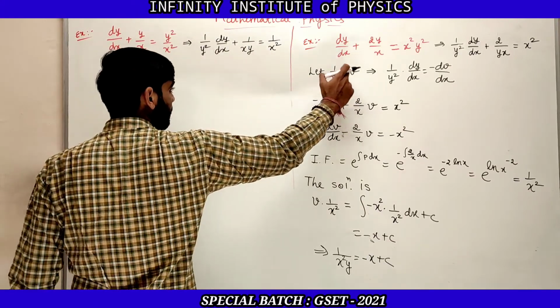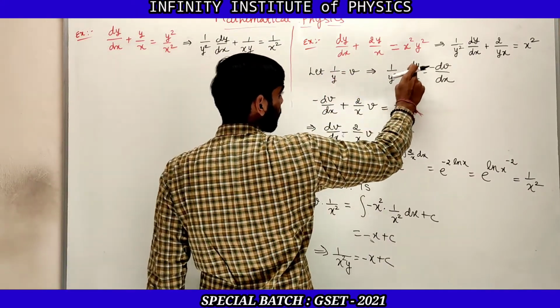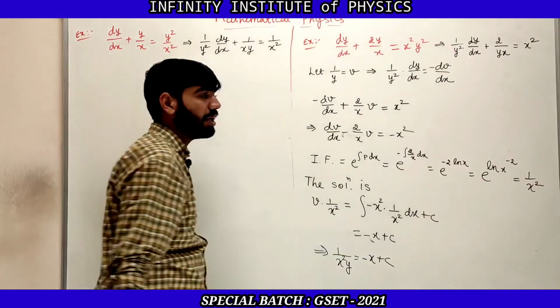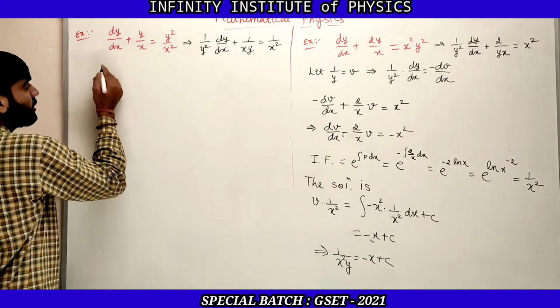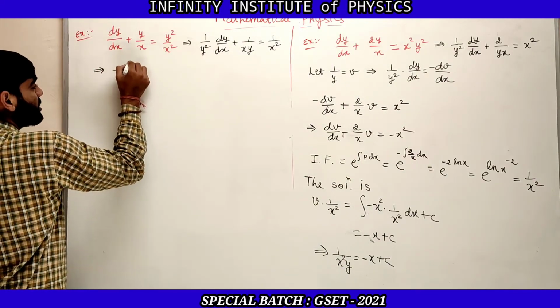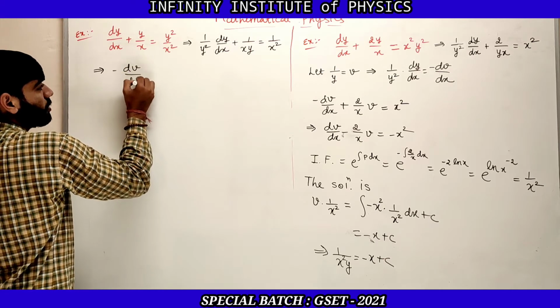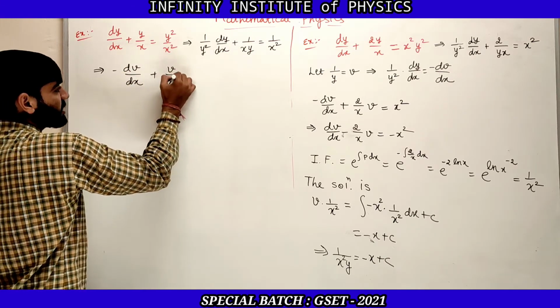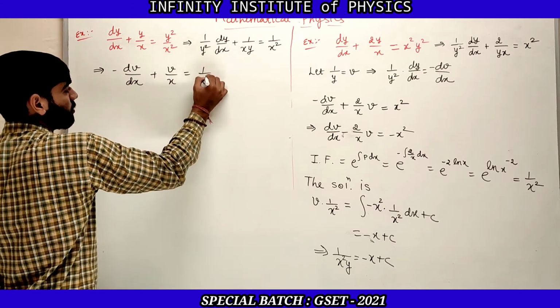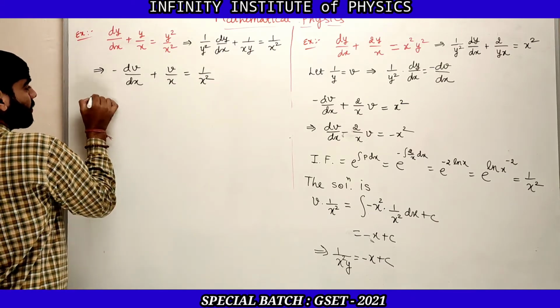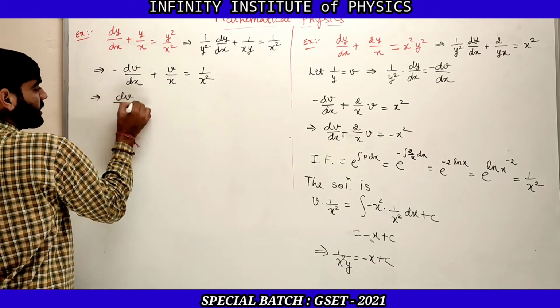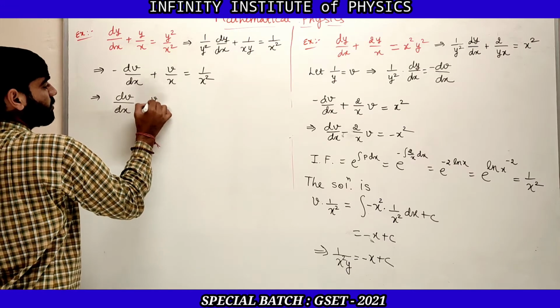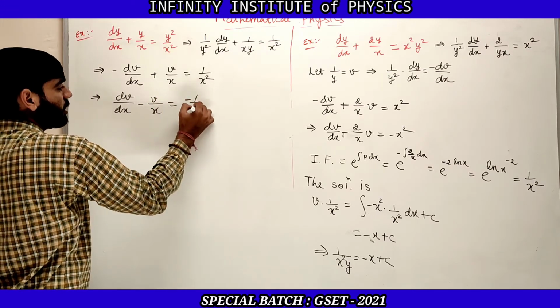So by the same way 1 by y square dy by dx is minus dv by dx. So this equation can be written as minus dv by dx plus v by x is equal to 1 by x square. Let us multiply it by minus 1, then it will be dv by dx minus v by x equals minus 1 by x square.